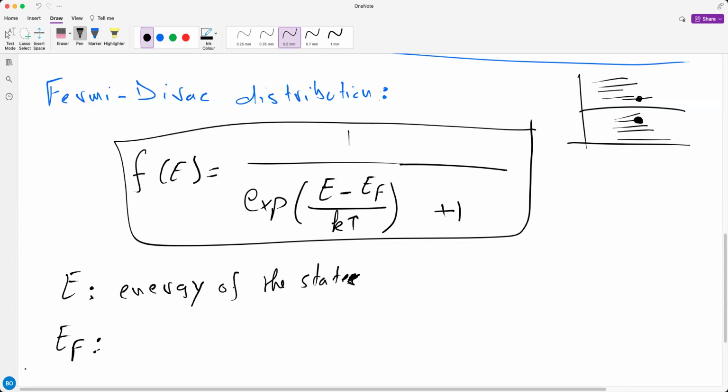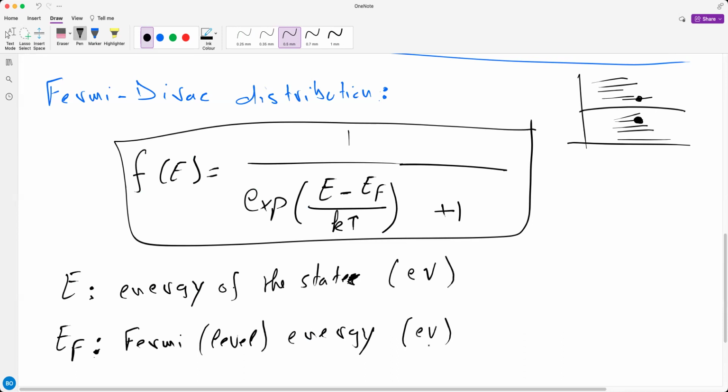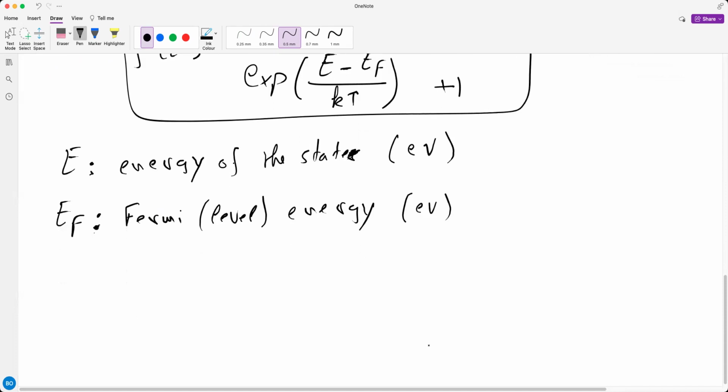You will see that this quantity plays a major role in p-type, n-type, and p-n junctions of semiconductors. It is called the Fermi energy or Fermi level. Of course, the energy here is always given in electron volts. k is the Boltzmann constant.